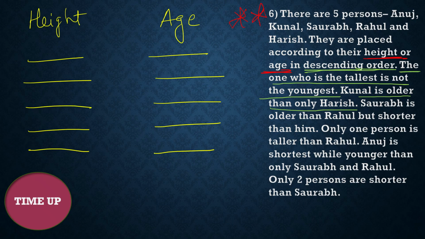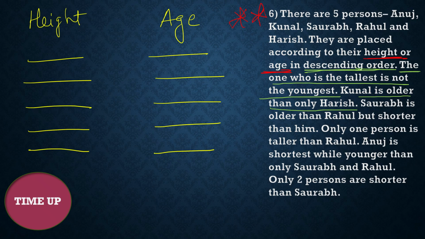See where more information is given. Try to arrange in that perspective. Then you can solve the other perspective also. Kunal is older than only Harish. Older means age is given. Correct?